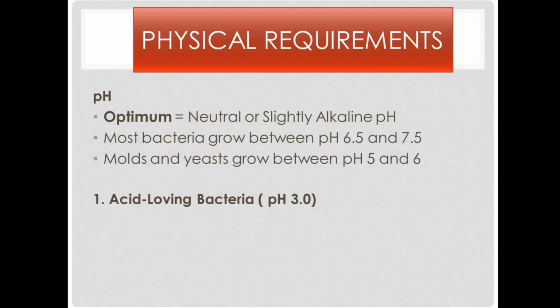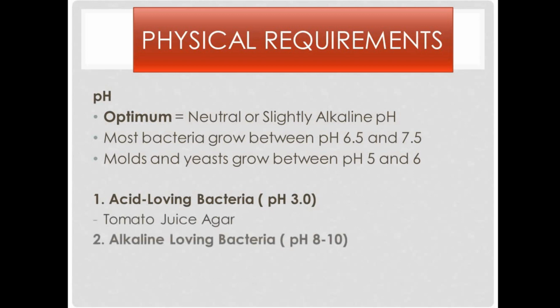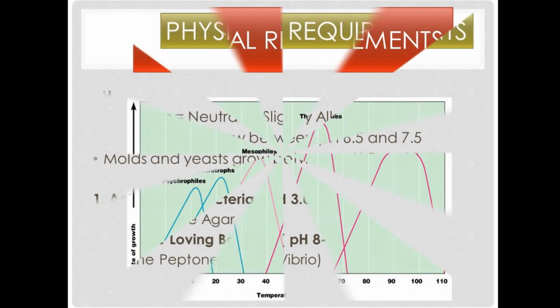There are also some acid-loving bacteria at a pH of 3.0, just like the tomato juice agar. And we also have organisms that are alkaline-loving bacteria at the pH of 8 to 10. So, we are using an alkaline peptone water, just like for Vibrio cholerae.